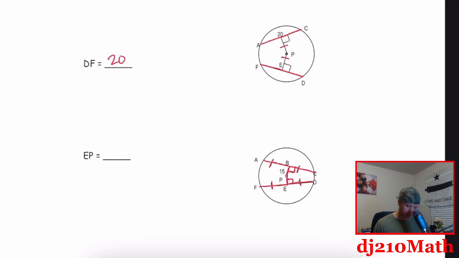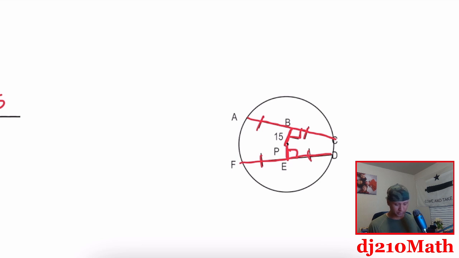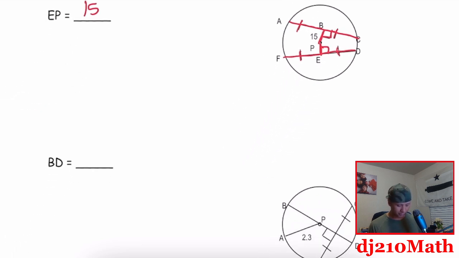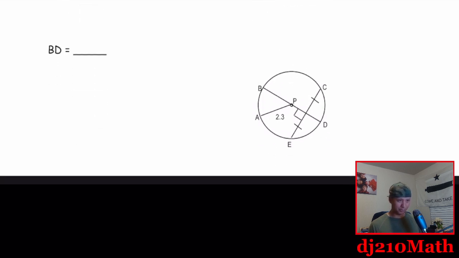So EP is 15 because they tell us that BP is 15. So EP would be 15 as well, since all the things match, right? Everything lines up, everything's equal. Some nice symmetry happening. All right, last example, and then we'll call it a day.